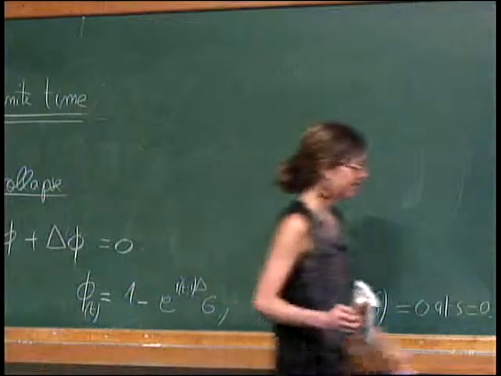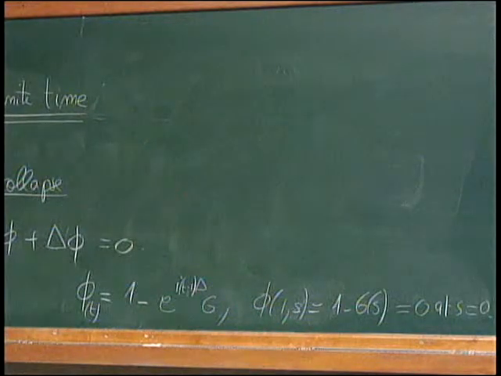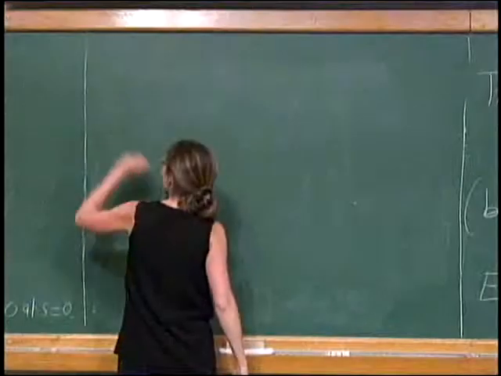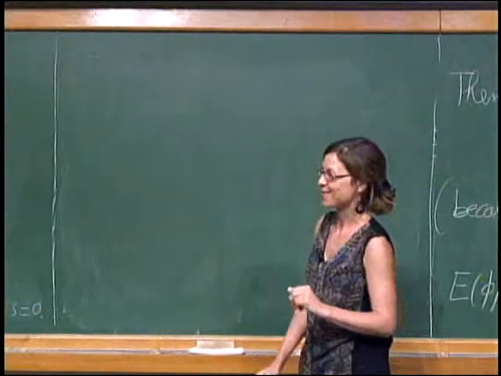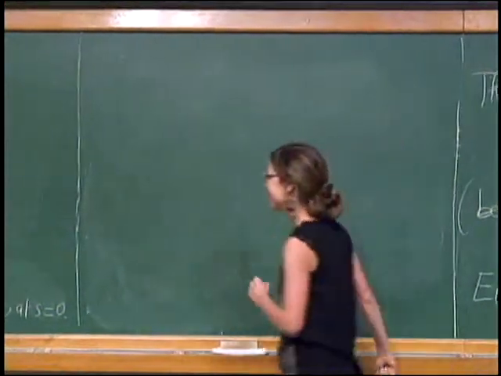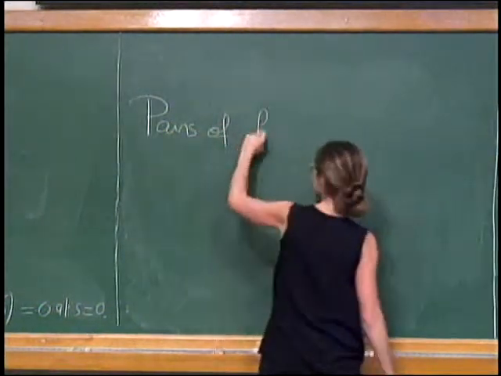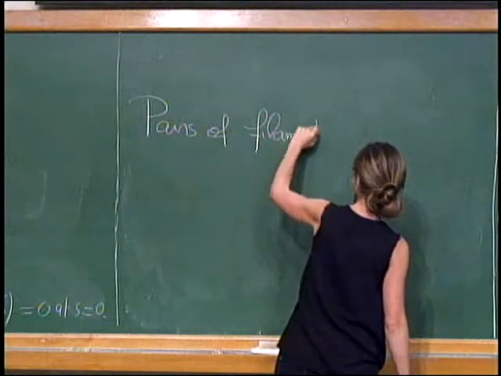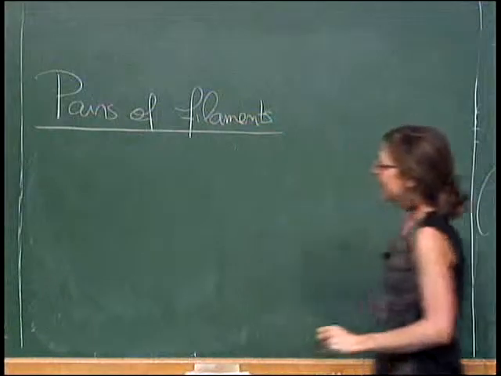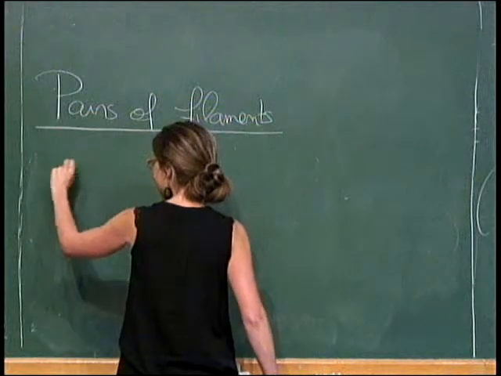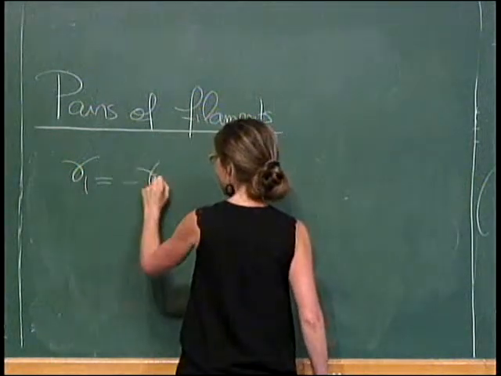And the second example is the example of collision around the system of 3-point vortices. Okay, so I will go directly to the case of the pair of filaments. I'm going to present you some simulations for the pair of filaments, assuming that gamma 1 is equal to minus gamma 2 equals 1.